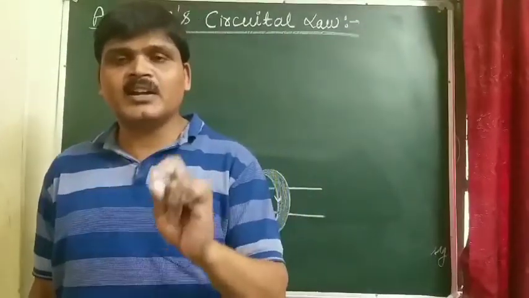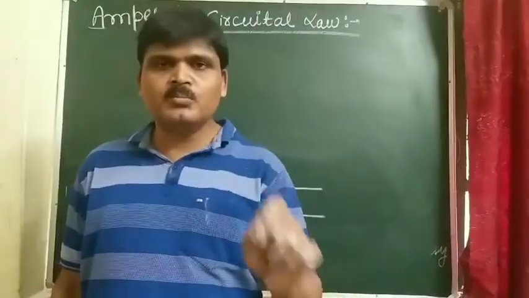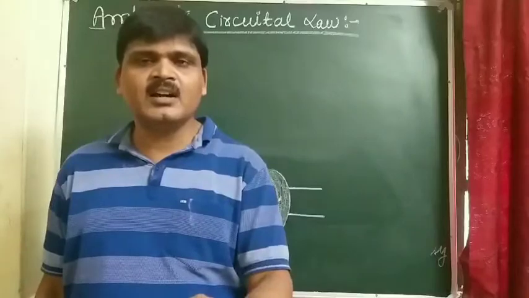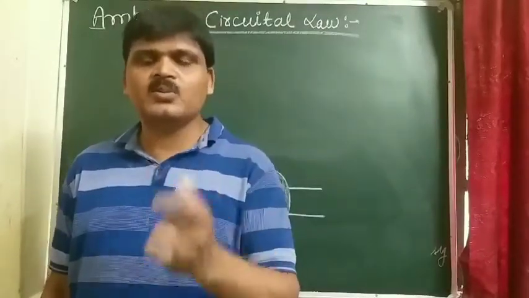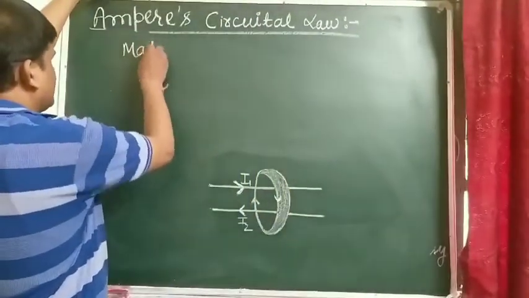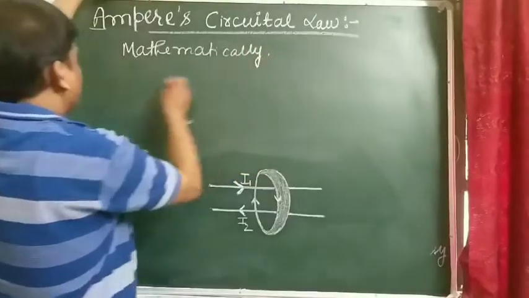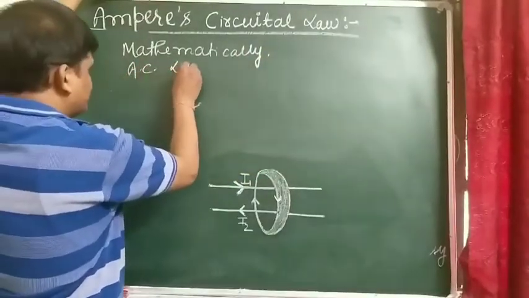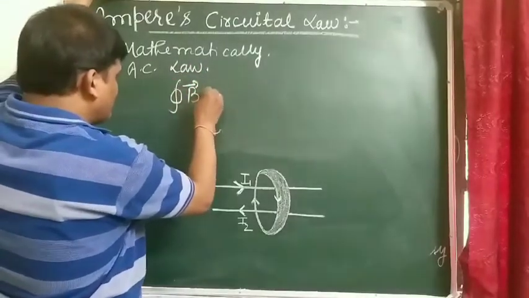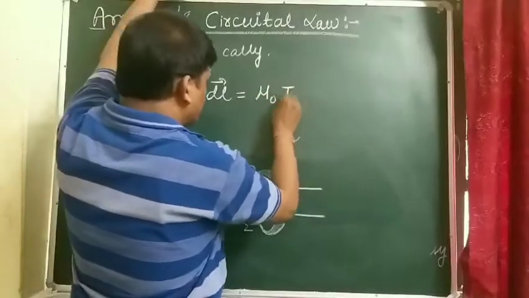Once again, the statement of Ampere's circuital law: the line integral of magnetic field B around a closed circuit is equal to mu naught times the total current passing through that closed circuit, and mathematically it is written as the closed integral of B dot dl equals mu naught times the total current.